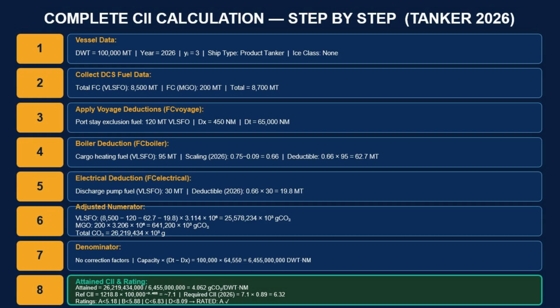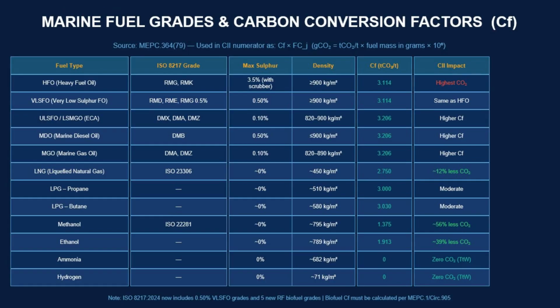Now, let's continue with the remaining slides on fuel conversion factors and key takeaways. Different fuels have different carbon conversion factors. Heavy fuel oil and VLSFO have a factor of 3.114. MGO and MDO have a factor of 3.206.